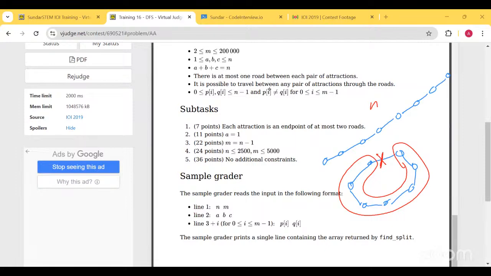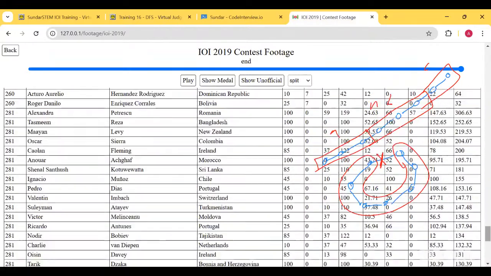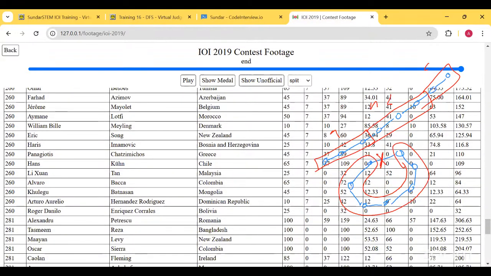Yes, it is always possible. Just take A here, take B here, take C here, right? So both of them are connected. So it is easy to get 7 points. Almost all participants get at least 7. Okay, yes.